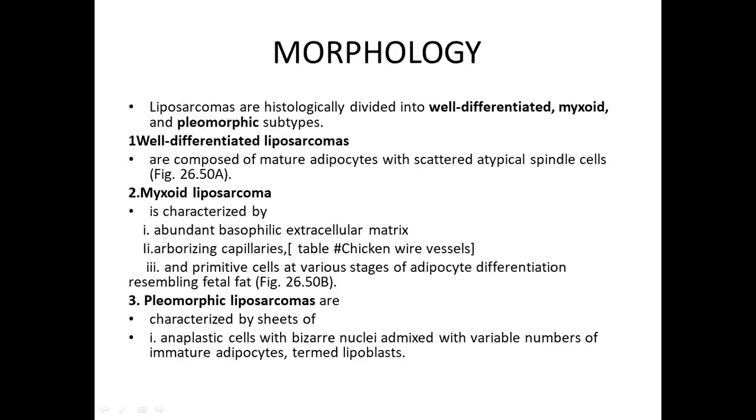And talking about morphology. Liposarcomas are histologically divided into well-differentiated, mixed, and pleomorphic subtypes, as we have discussed. Well-differentiated liposarcoma, how does it look? It is composed of mature adipocytes with scattered atypical spindle cells. Let's see the figure.